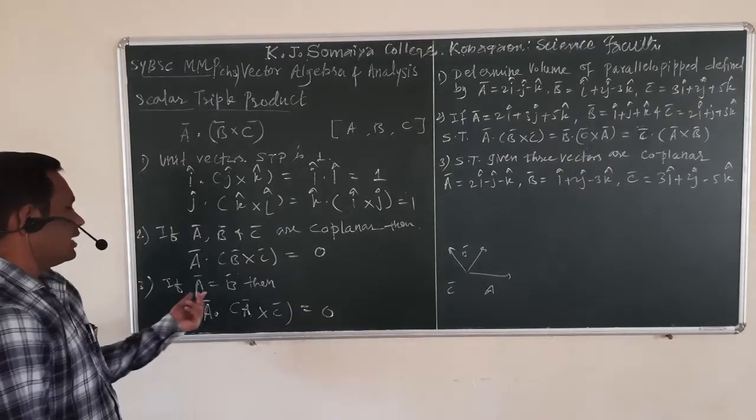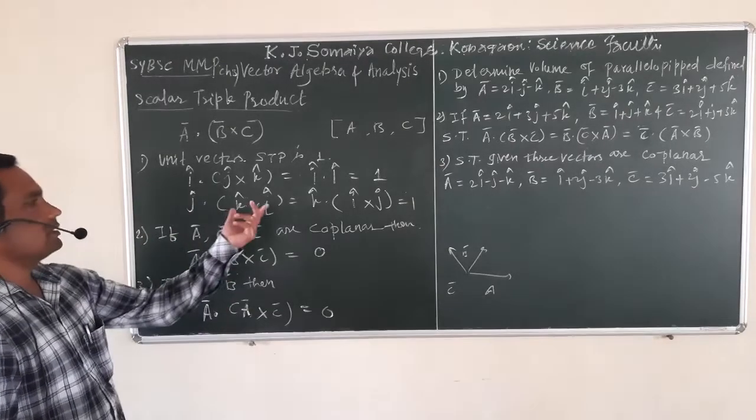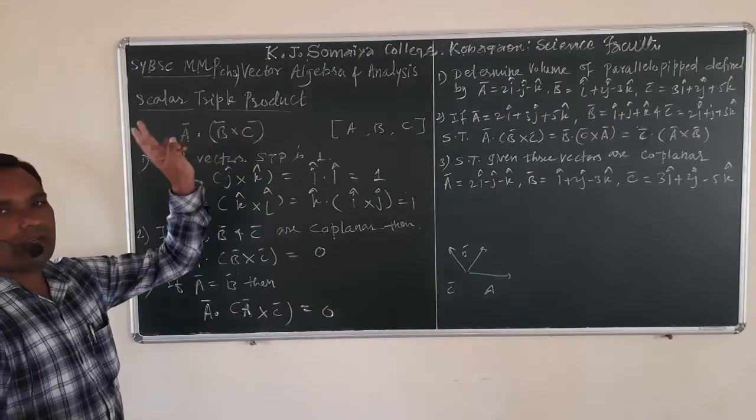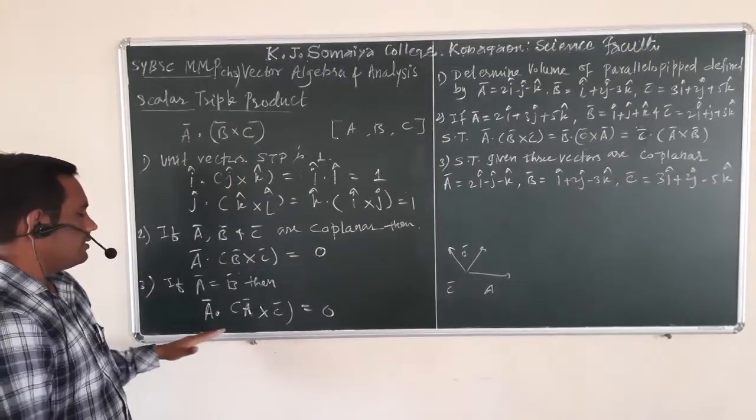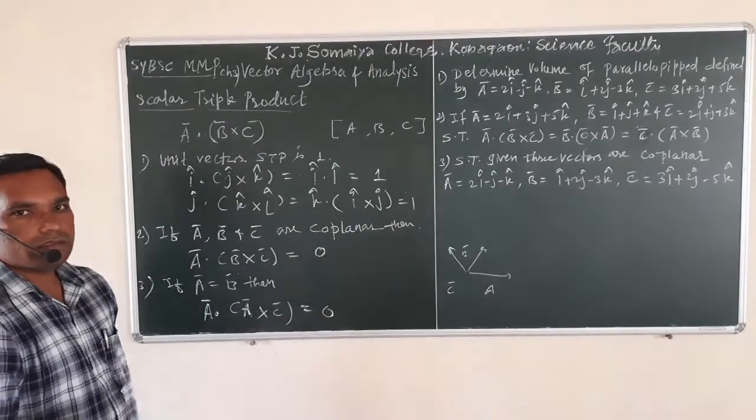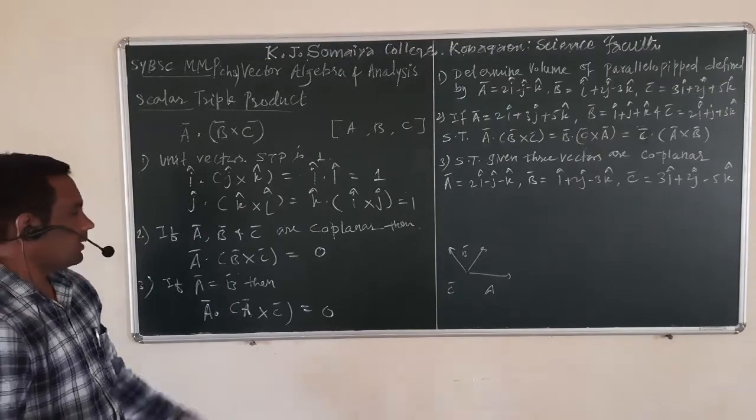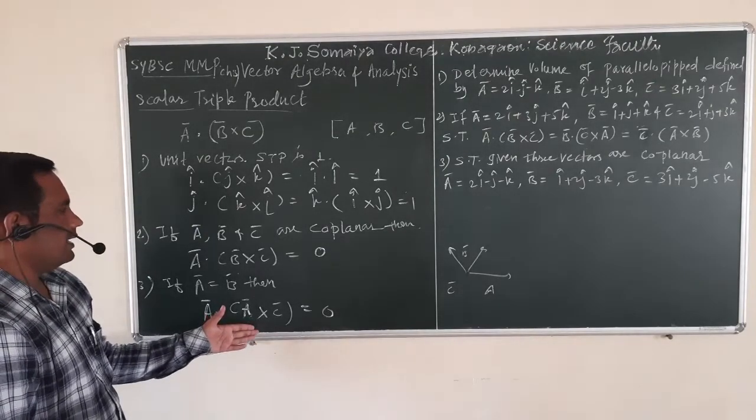So if vector A is equal to B, in a scalar triple product, if any two vectors are equal, then their scalar triple product is 0. Okay, this will be our next identity.